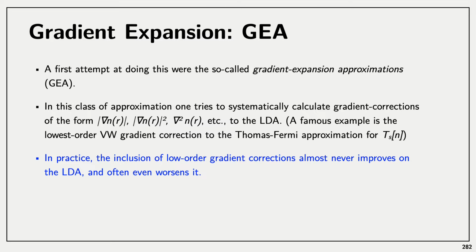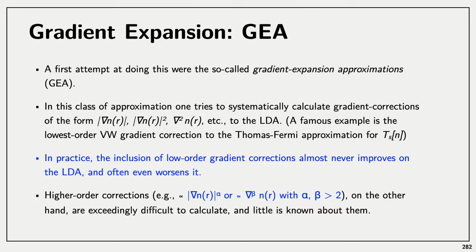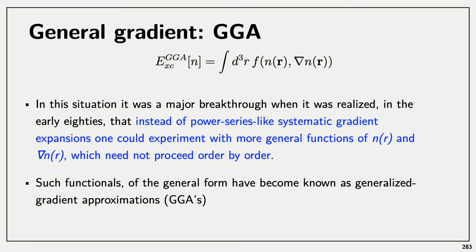But it turns out that what people realized is that you need to come up with functions that are a little bit more complicated of the gradient, higher power of the gradient, and that kind of thing. So that's what was realized. Now, in the early 80s, and this is really when DFT took off, it's thanks to this development of GGA. It's particularly for chemists who were not satisfied with LDA at all. But GGA is changing the game a little bit, certainly historically, but also reality is still today, even though, as I will show, we actually use what is called a hybrid GGA, but that's going to be for the next lecture.